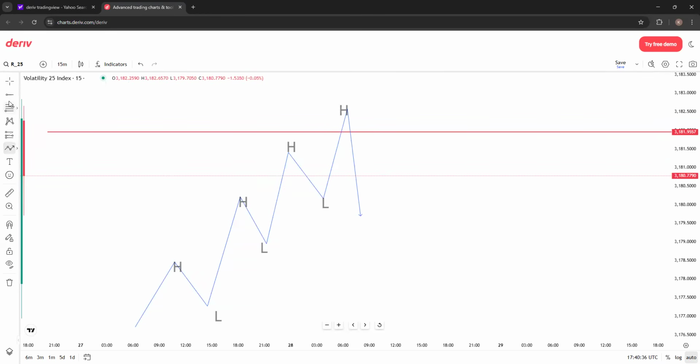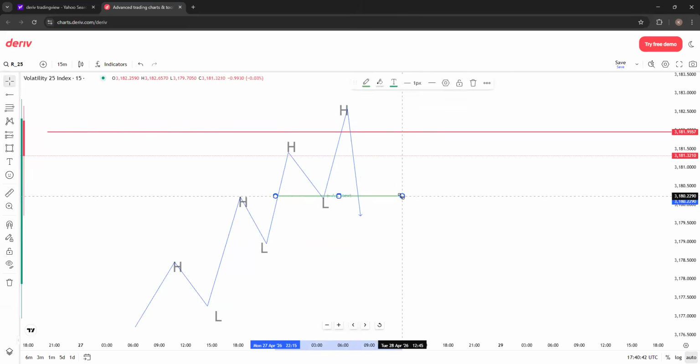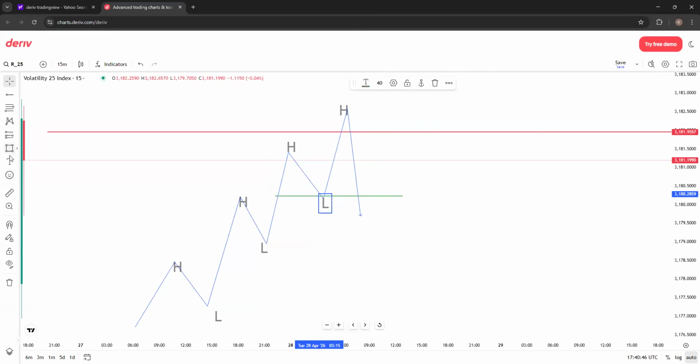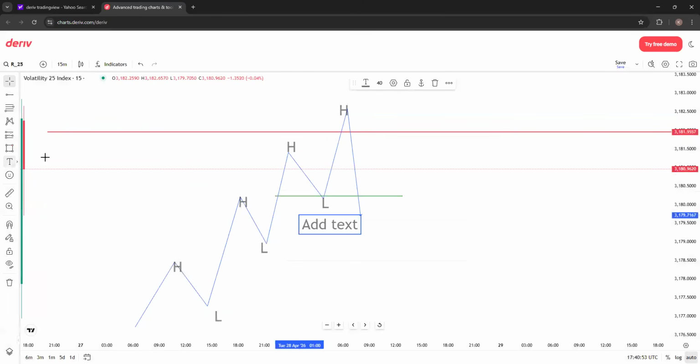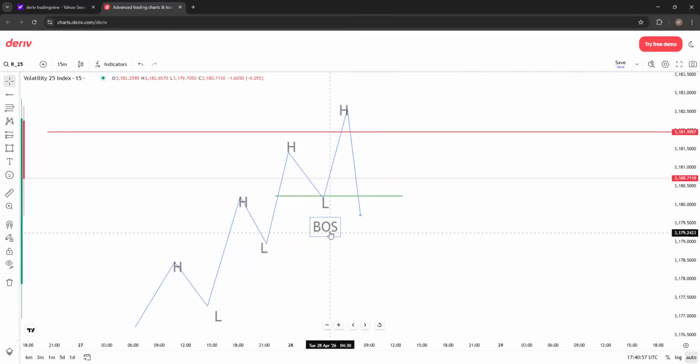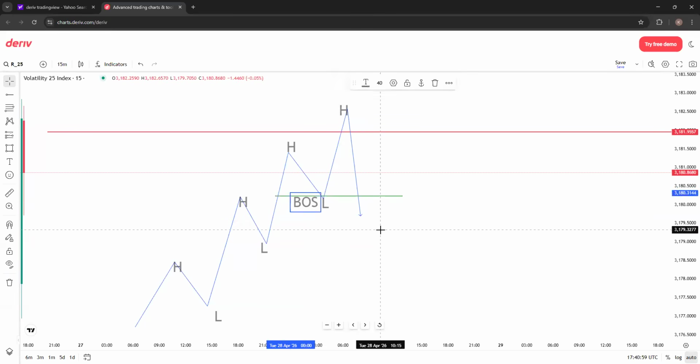Like in this scenario, our break of structure, if we mark it, it should be here, right? This will be a point where our break of market structure is. So at this low is also where our break of structure happened, just by this line.